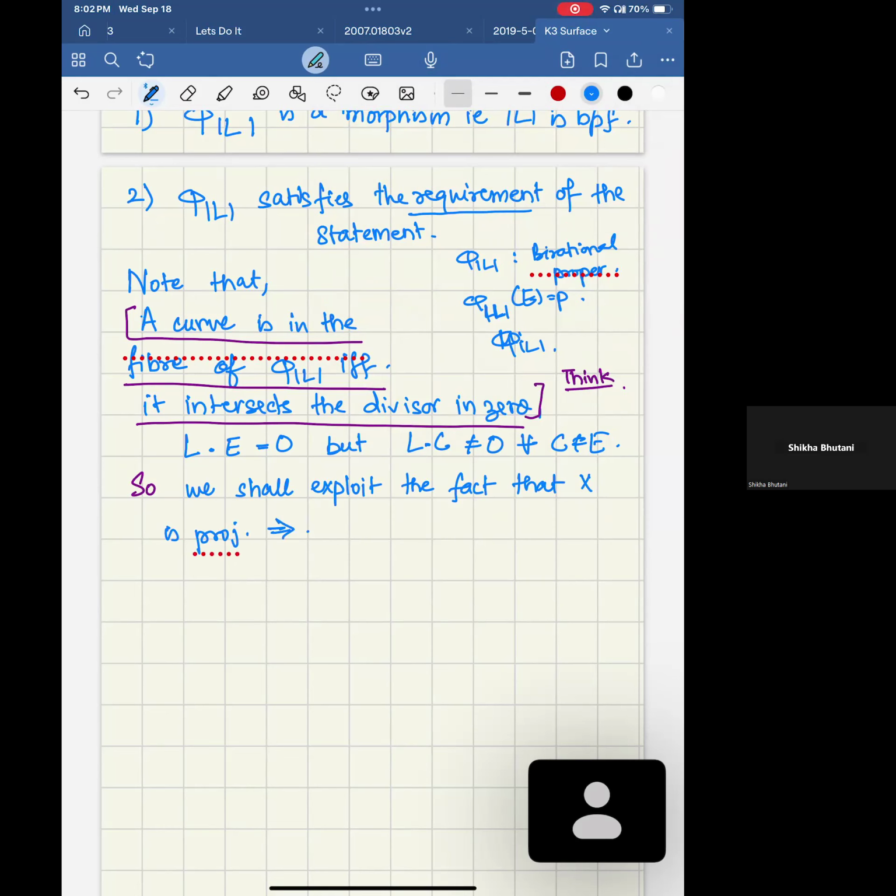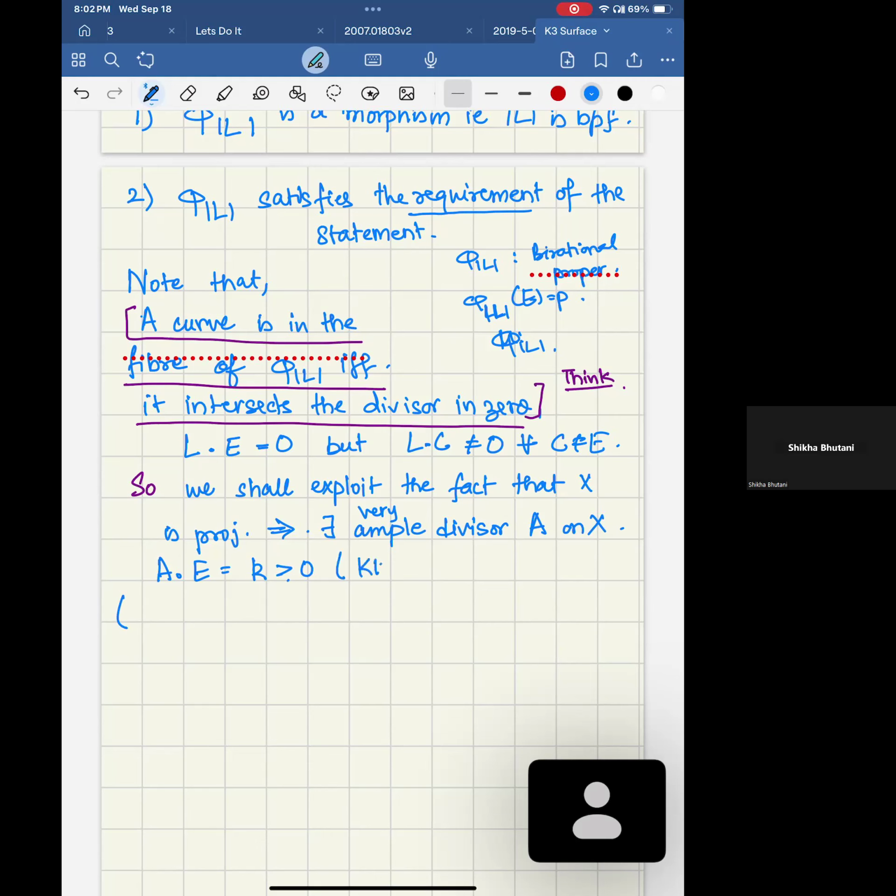If X is projective, then it implies that there will exist an ample divisor, or I can actually take a very ample divisor. We call it A. Let's say the intersection of A with E is equal to K. Now, this K is supposed to be greater than 0.